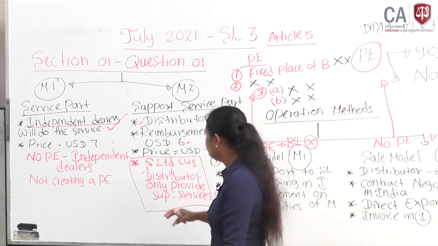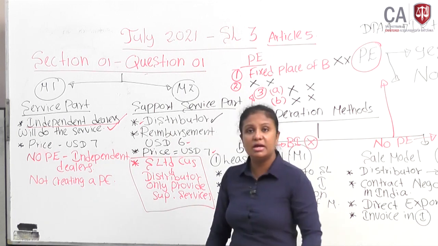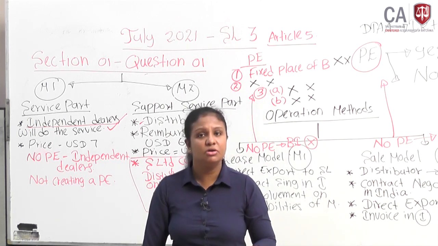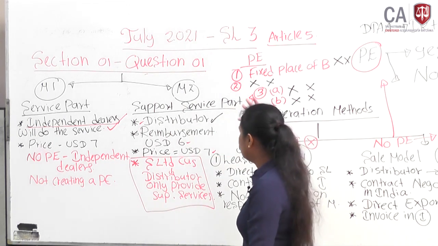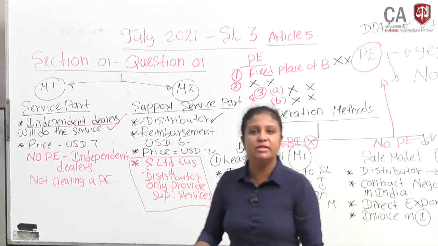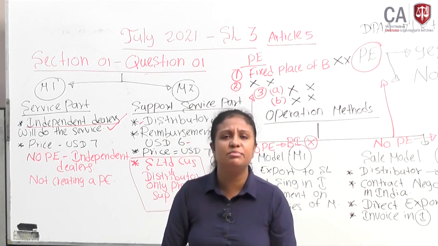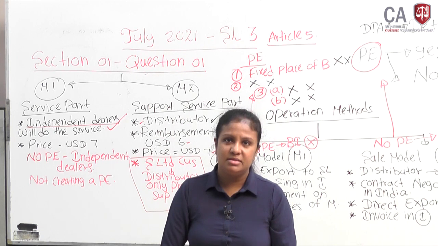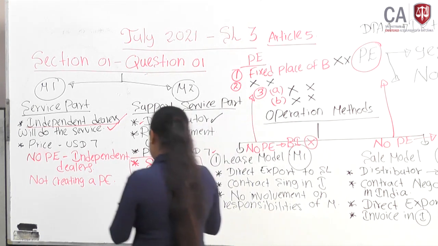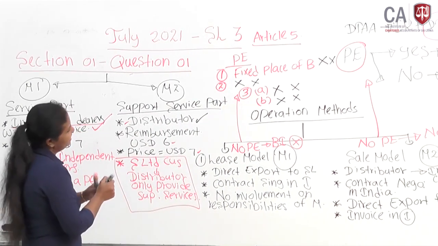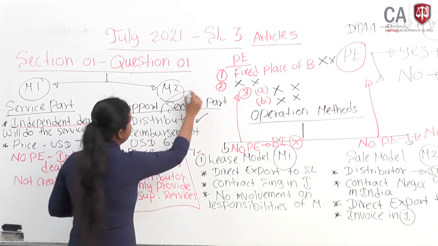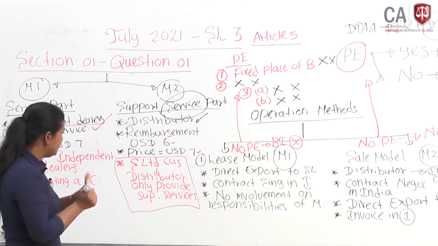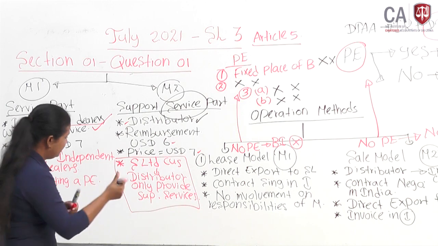They should do all these things on behalf of SEIC India only. All the manuals and guidelines are provided. Therefore, this is creating a PE. This support service part, this service PE, is creating a PE.